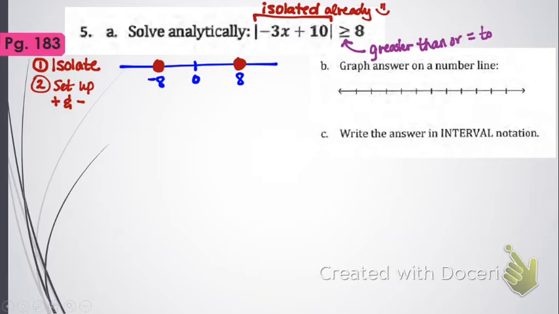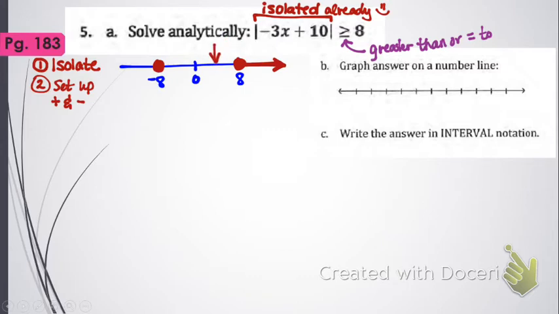I'm going to go through the same 4 spots like we did on the bell work. If I want to be greater than, more than 8 units away from 0, could I be over here? Yes. So since I could be here, it's looking like that.